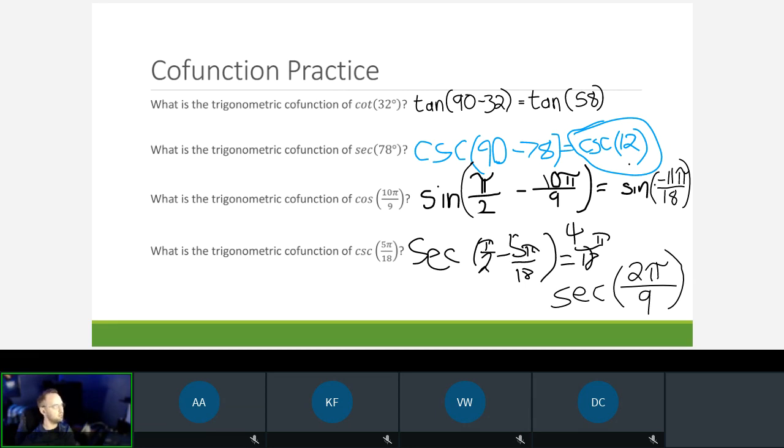Pi over 2 minus 10 pi over 9 becomes 9 pi over 18 minus 20 pi over 18. 9 minus 20 is negative 11 over 18. I agree with negative 11 over 18.